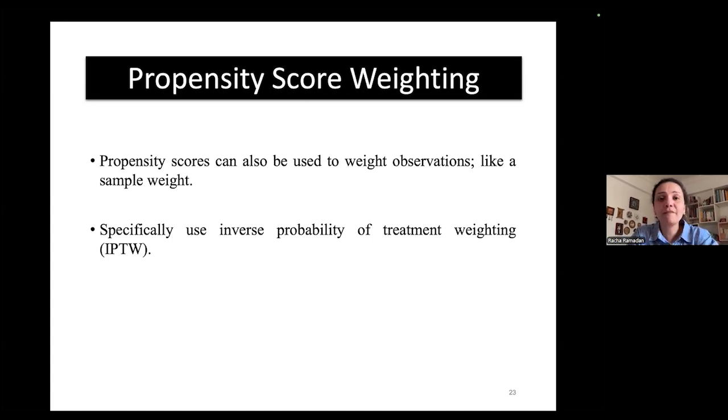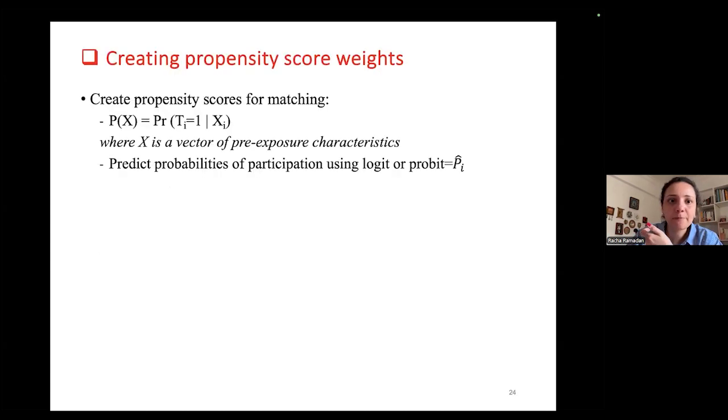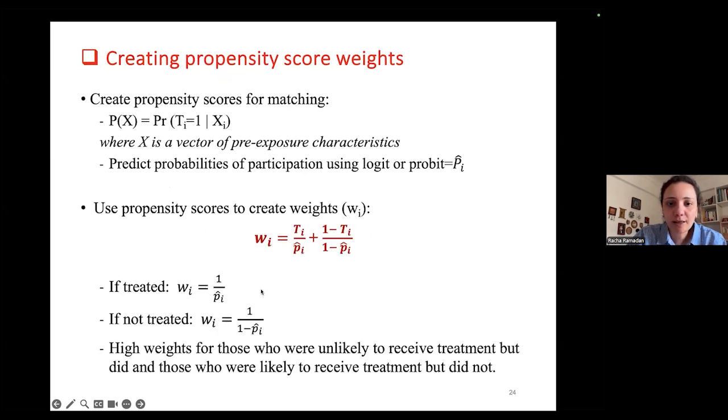And even if you have the sampling weight in your survey, in your analysis, you can, as we will see, combine both and use it as a weight. And this is what we call the inverse probability of treatment weighting. What is this? We'll do the same steps: estimate the probability of being selected into the program using logit or probit, then calculate this weight.